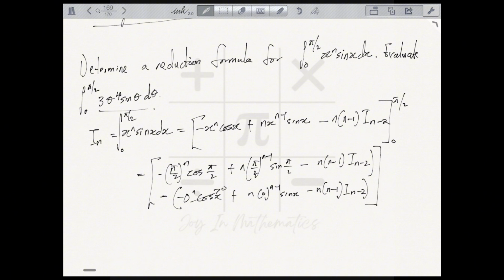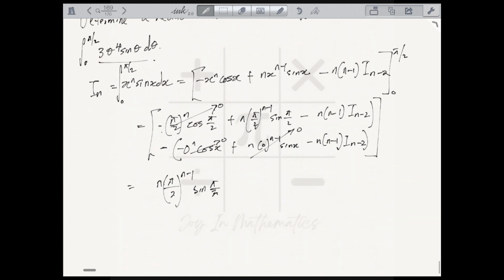Now this nullifies to give 0, likewise this. Cos pi over 2 is 0, so the term here nullifies to give 0. And now these two terms have no respect to x, so they are constant. Therefore, we'll be left with n pi over 2 raised to power n minus 1 sine pi over 2 minus n into n minus 1 I n minus 2.